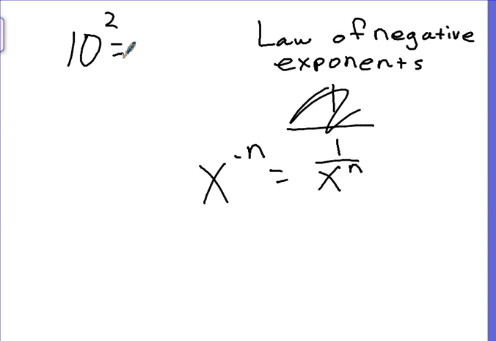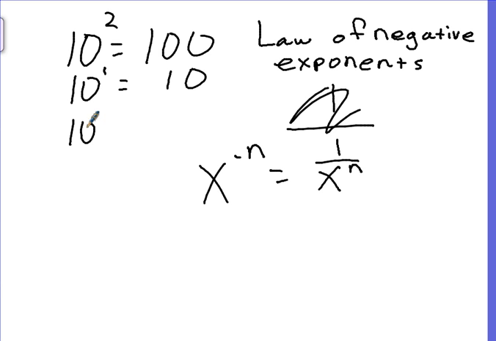What does 10 squared equal? 10 squared equals 100. What does 10 to the first power equal? 10. What does 10 to the 0 power equal? 1. Now, 10 to the negative 1. Make it a fraction.